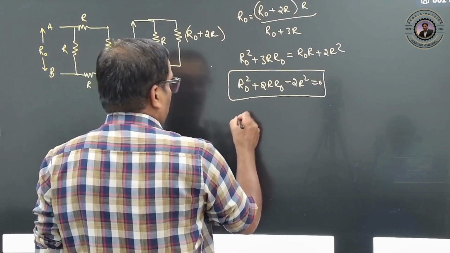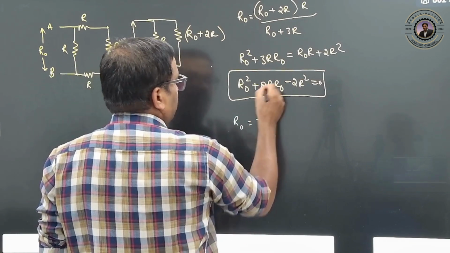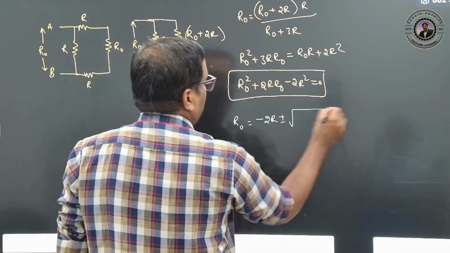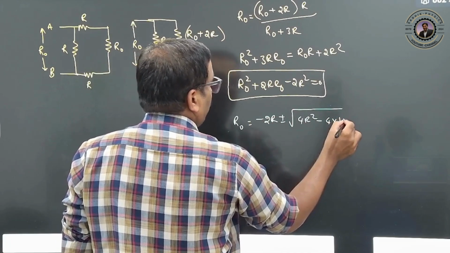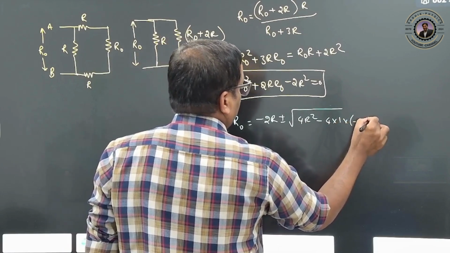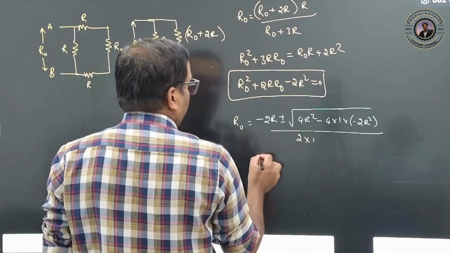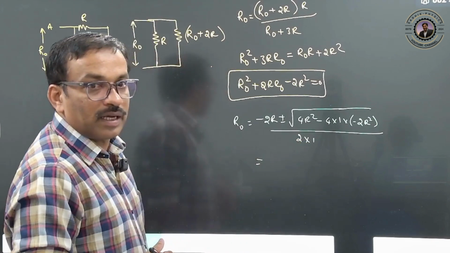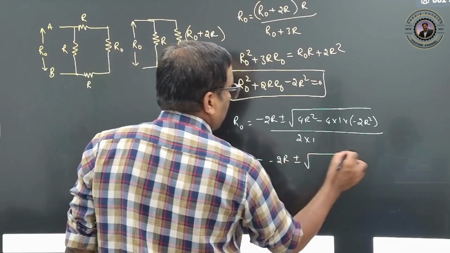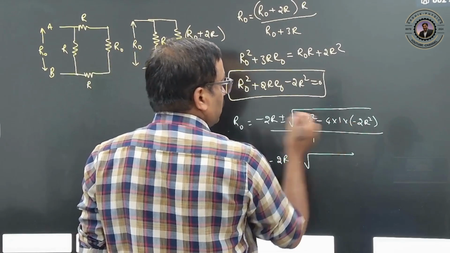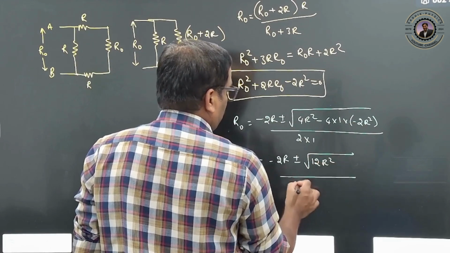R naught is equal to minus B plus or minus under root B square minus 4AC, all divided by 2A. Here B is 2R, A is 1 and C is minus 2R square. So minus 2R plus or minus under root 4R square plus 8R square, that is 12R square, by 2.